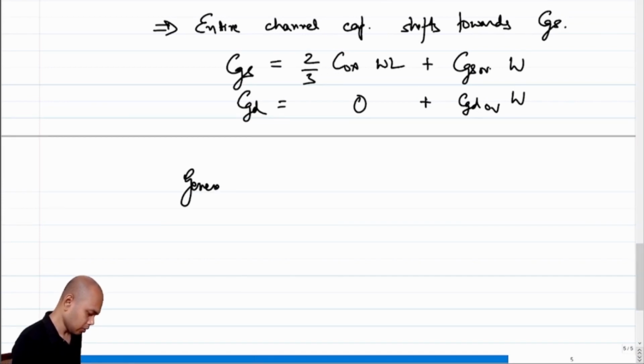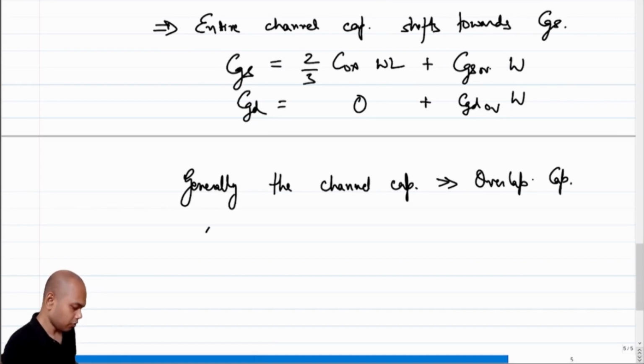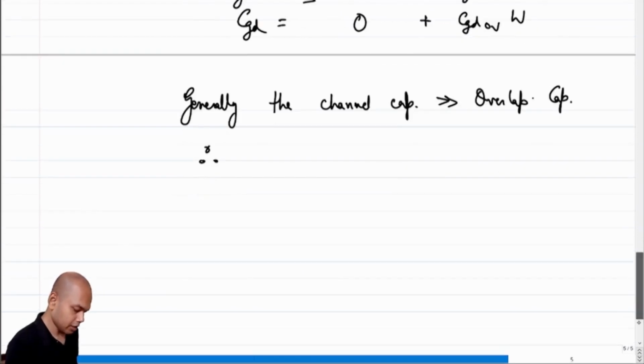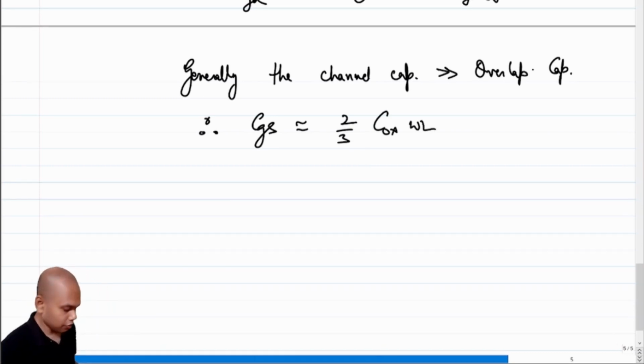So as it turns out, generally the channel capacitance is much greater than overlap capacitance. Therefore, we approximate CGS to be approximately equal to 2/3 Cox times W times L, and we disregard the overlap capacitance. However, CGD has only overlap capacitance, it doesn't have the channel capacitance, which means that we cannot neglect that.